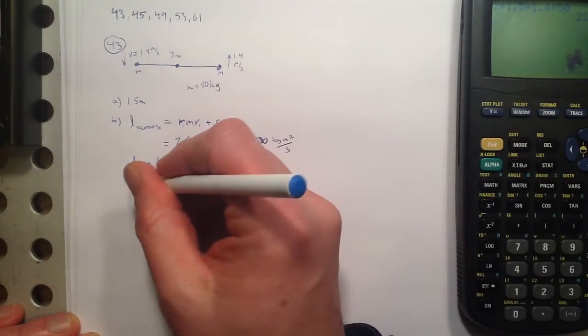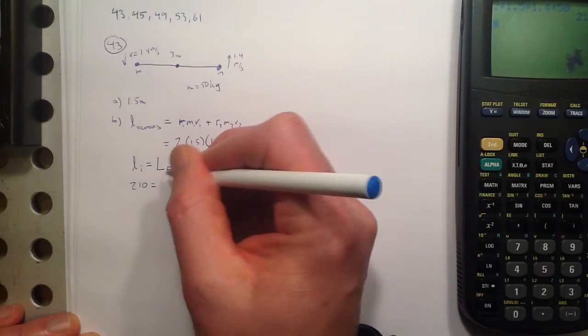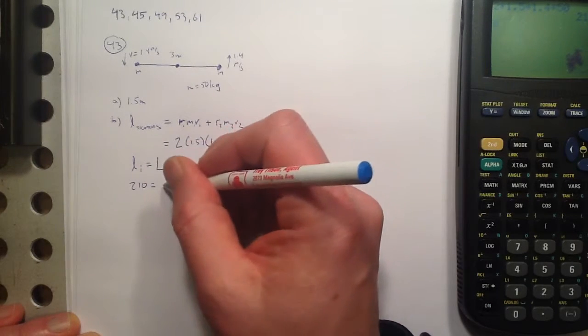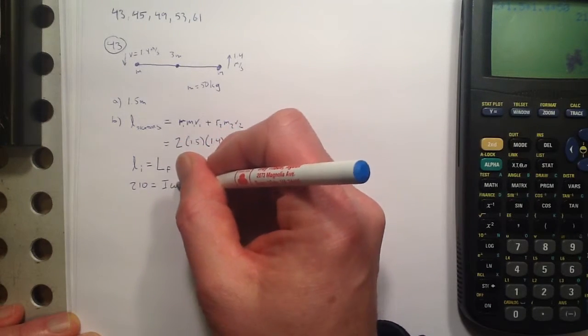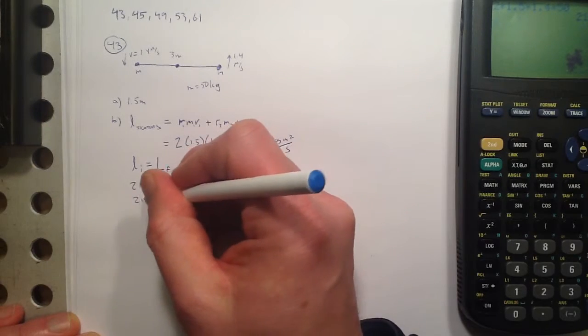So 210 is equal to the I omega of the skaters.